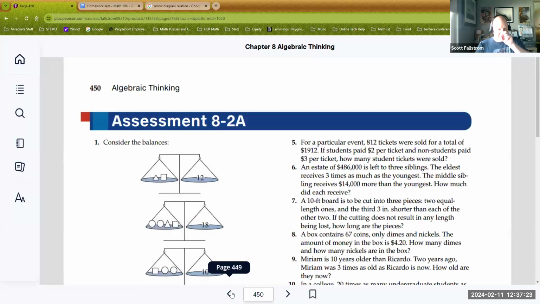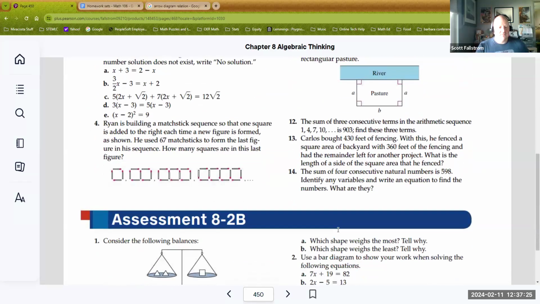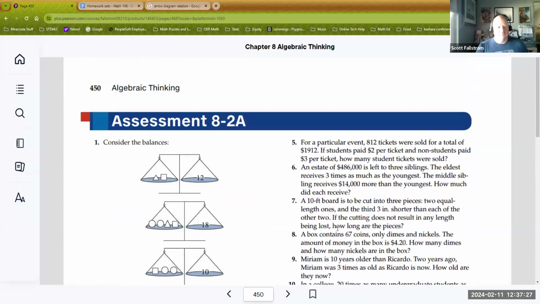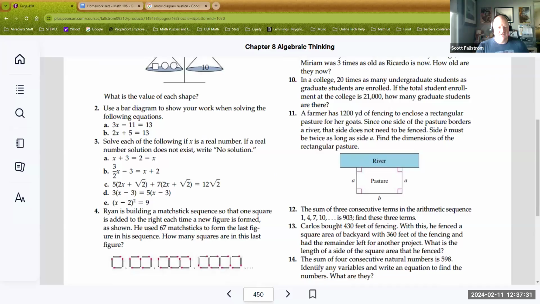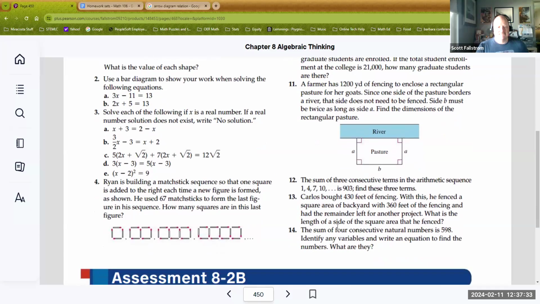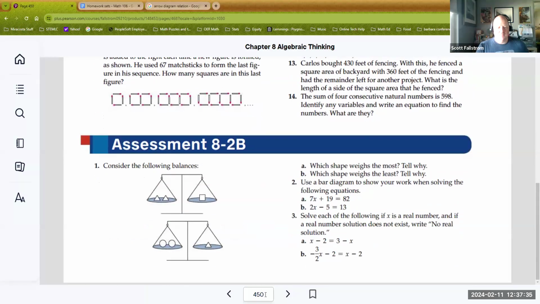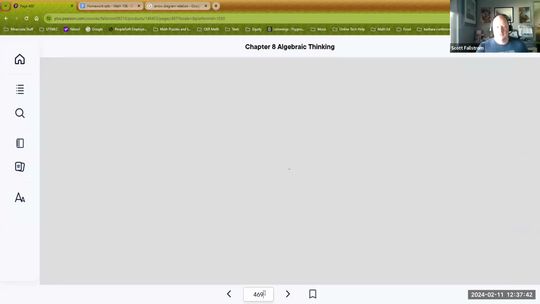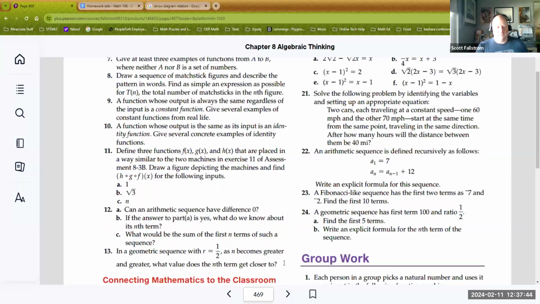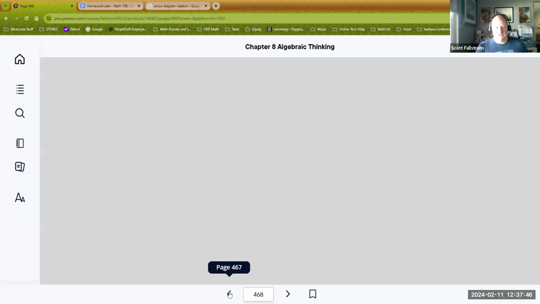So let's go to relations then. No, that's all the algebraic pieces. Maybe it was more in the function section. Let me take a look there. Okay, here we go.